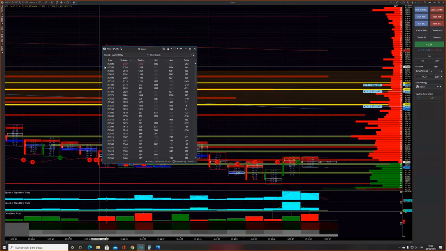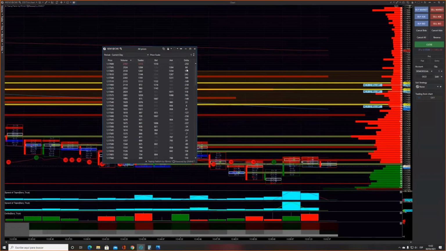There were 1,350 trades at this price, 1.17600, and most of the trades were on the selling side. You can see here the difference between buyers and sellers is negative 253, because it's on the selling side.